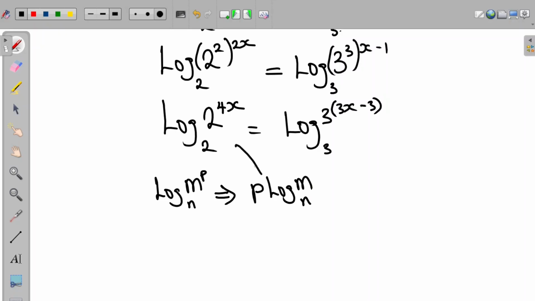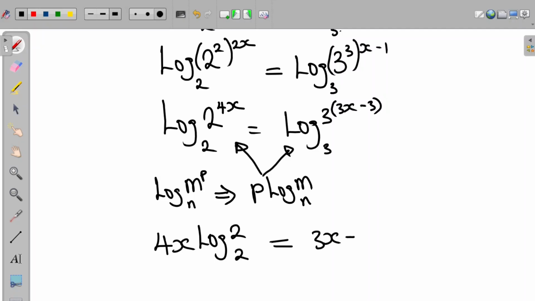So we apply this rule here and also apply the rule here. So the left hand side becomes 4x multiplied by log 2 to base 2 equal to, and the right hand side becomes 3x minus 3 multiplied by log 3 to base 3.